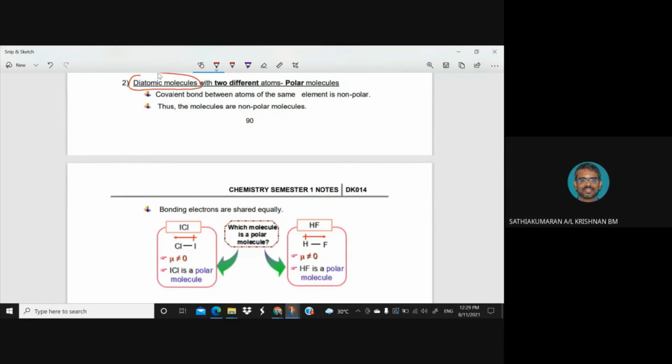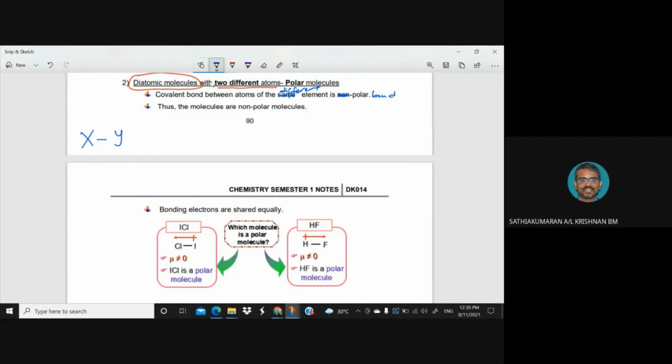Diatomic molecules have two atoms, here with different atoms. For example, I have X and Y, two different atoms. So the covalent bond between these atoms is a polar bond, not non-polar. A covalent bond between atoms of the same element is non-polar, but between different elements it is a polar bond.